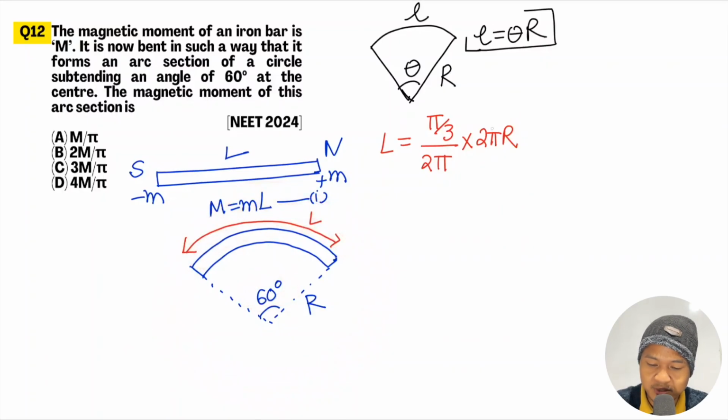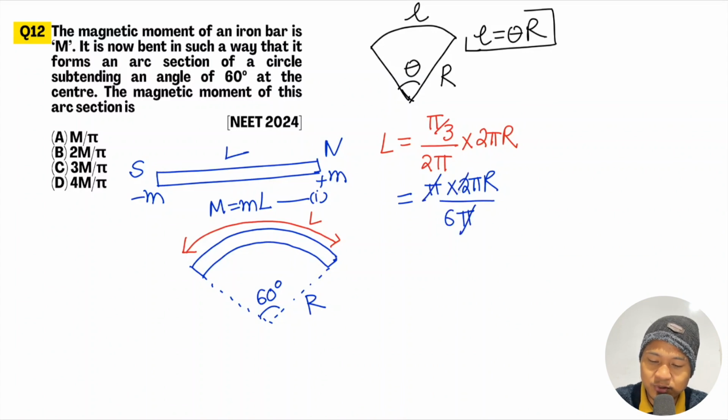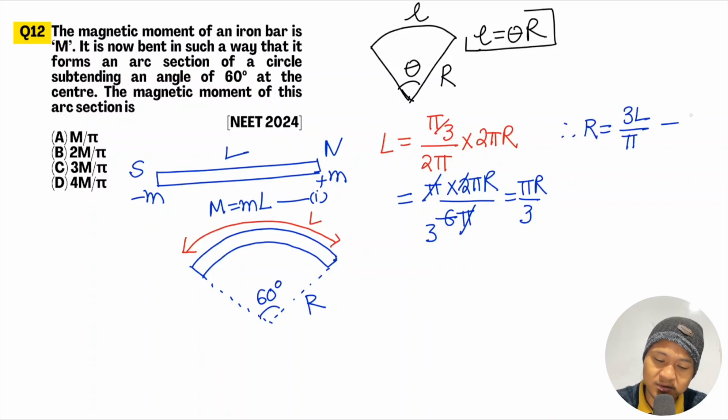I want to find this in terms of L. So pi into 2 pi r divided by 3, 2 are 6 pi. Pi gets cancelled out. So 2, 1 is 2, 2, 3 are 6, so pi r by 3. Therefore the radius r is 3L by pi. Equation number 2. So now I found out the radius.